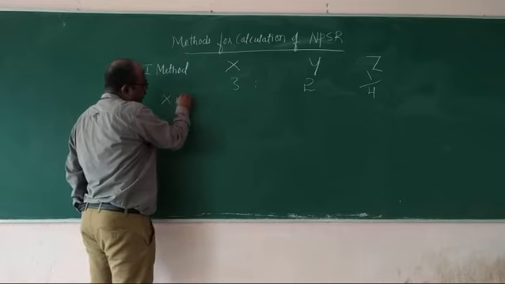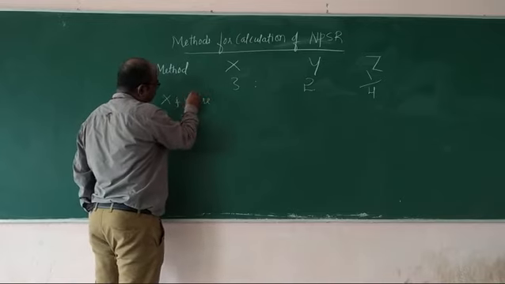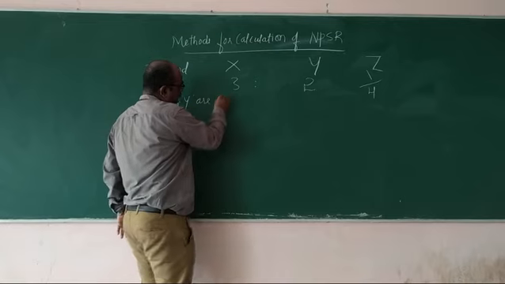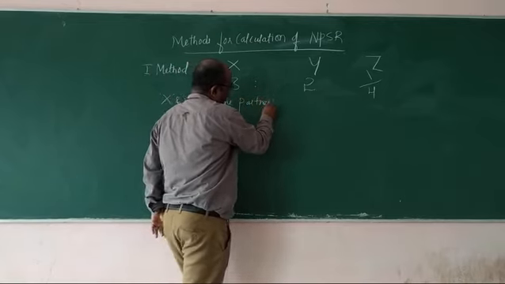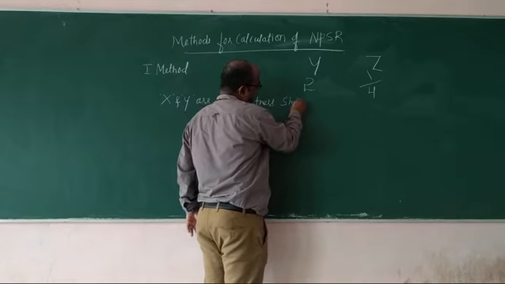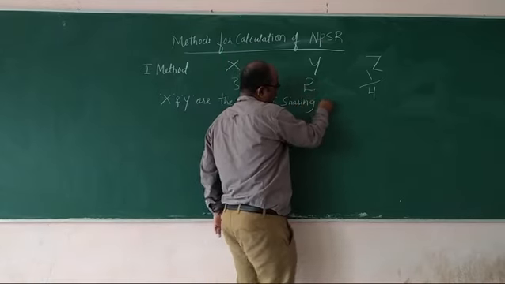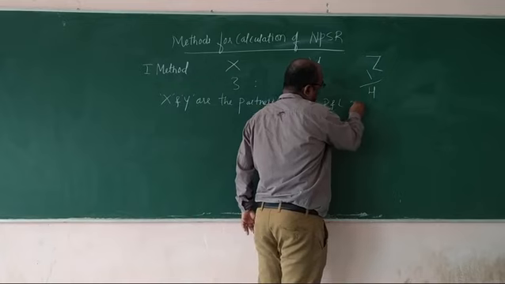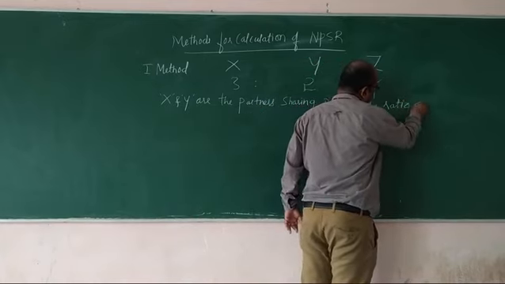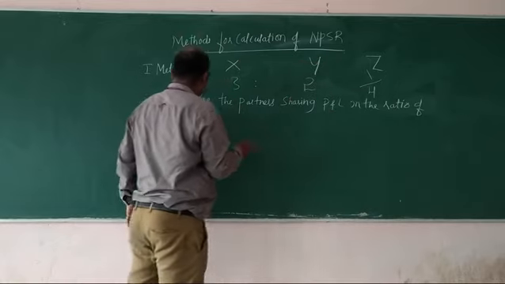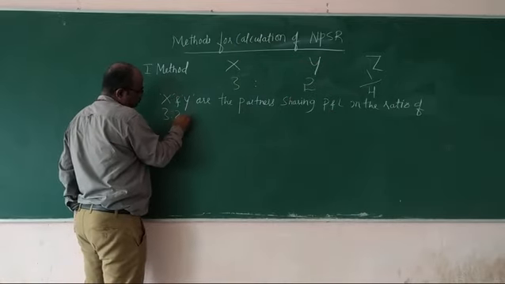X and Y are partners sharing profit and losses in the ratio of 3:2.